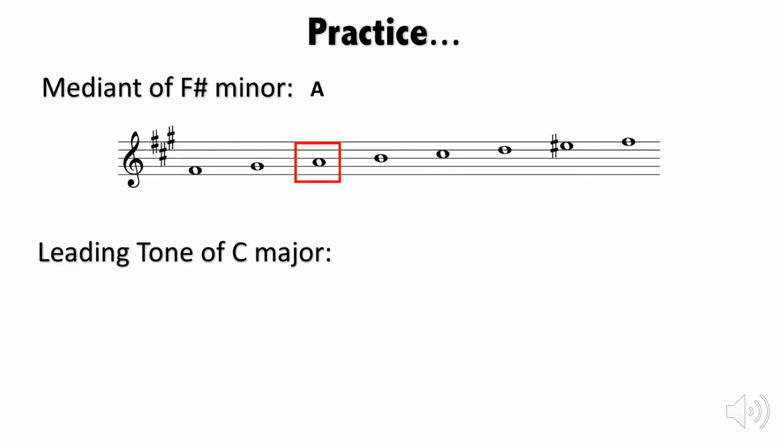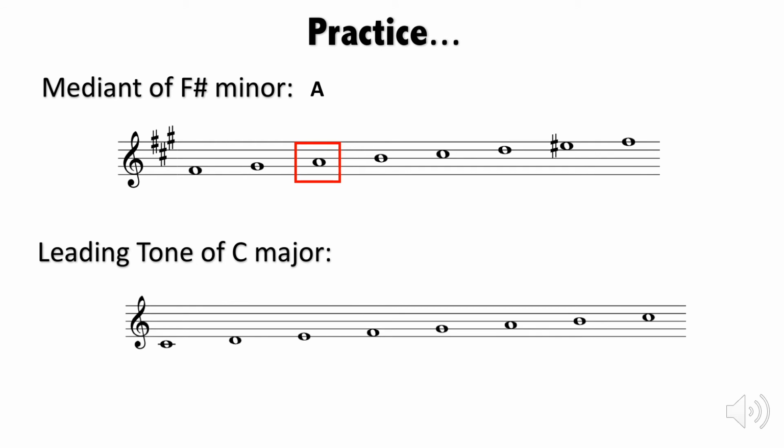Of course, we can write out the scale first, and the leading tone we just learned is scale degree 7, or in other words, the 7th note of the scale, and in this case it is a B. So the leading tone of C major is B.